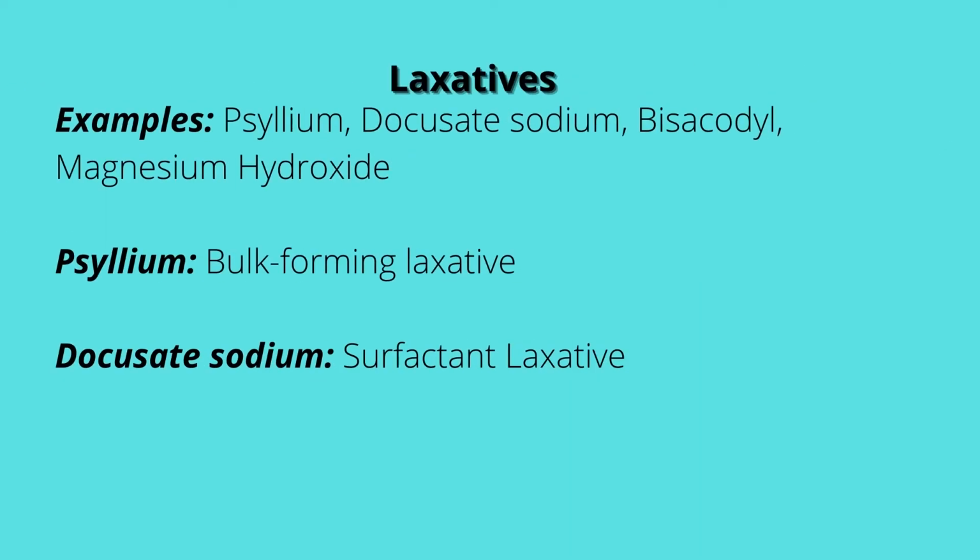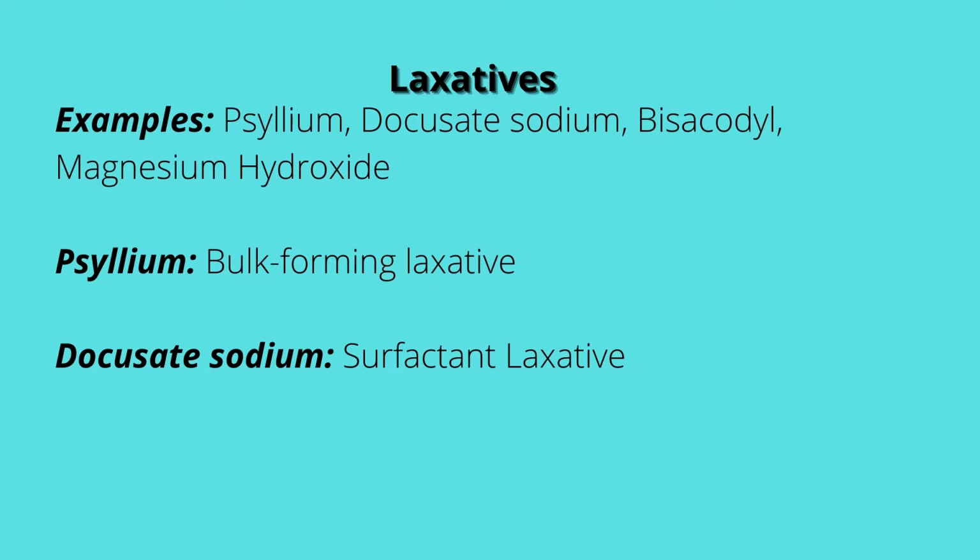Okay? Laxative. We have various types of laxative. Examples: Psyllium, Docusate sodium, Bisacodyl, and Magnesium hydroxide. Psyllium is a bulk-forming laxative that softens the stool and increases its bulk. Docusate sodium is a surfactant laxative.